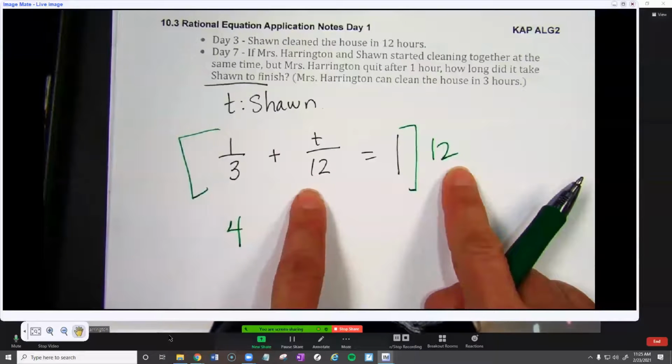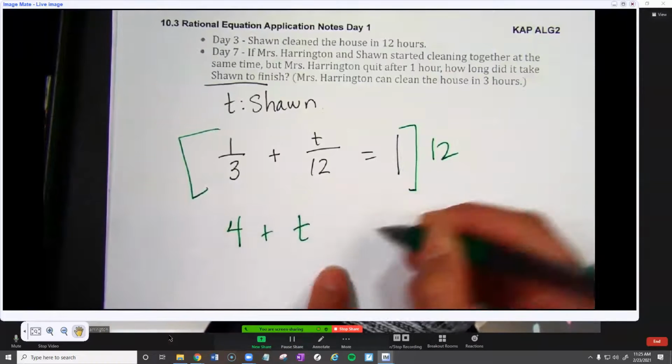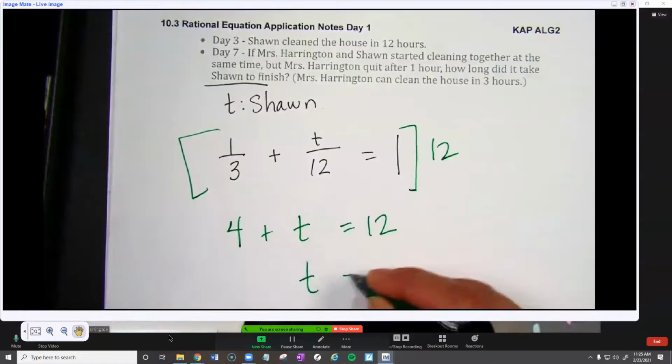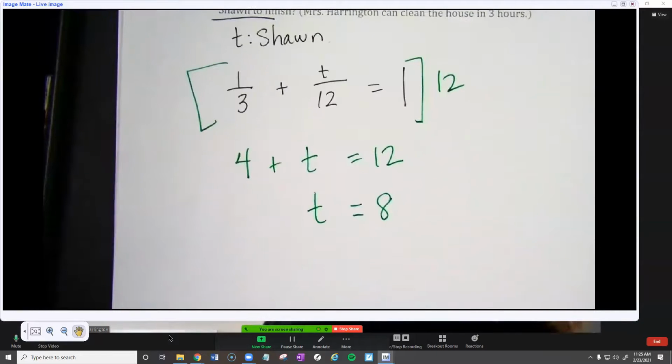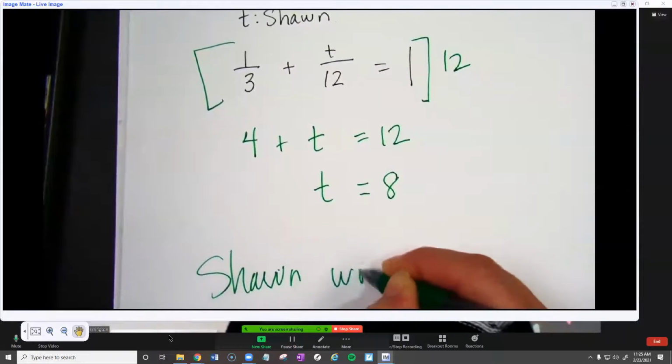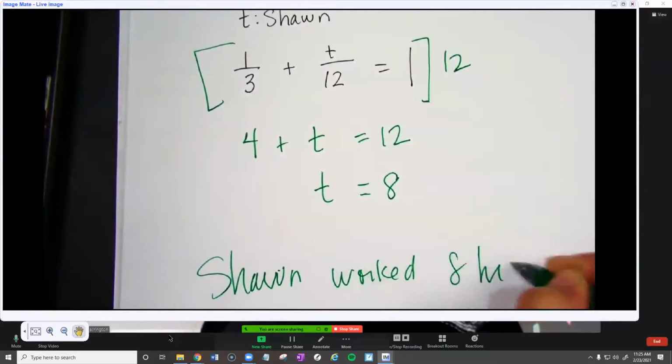And then this second piece is just going to turn into the letter T. That's like a grade school elementary equation. How many hours did Sean work? How many hours did he have to work alone? 7. Remember, I worked the first hour with him. So Sean worked 8 hours and 7 hours was by himself.